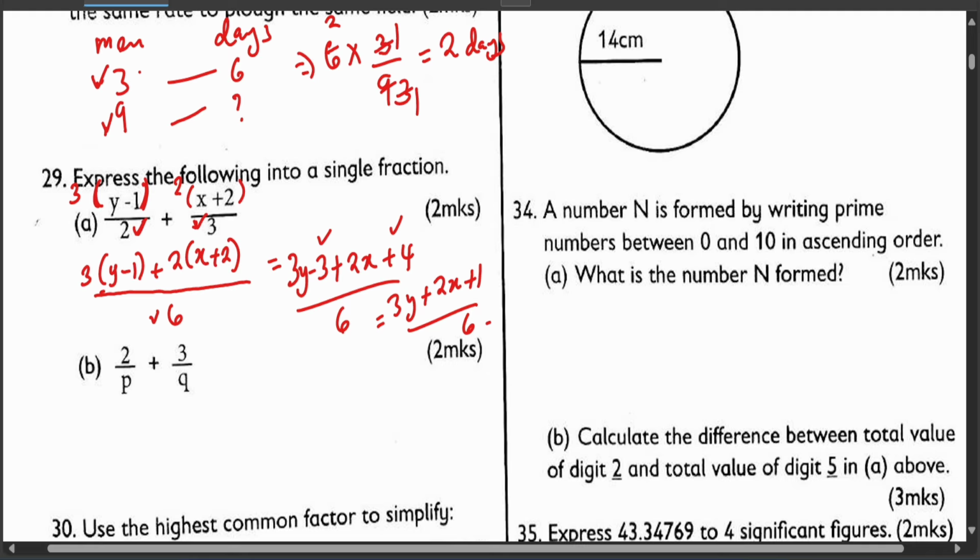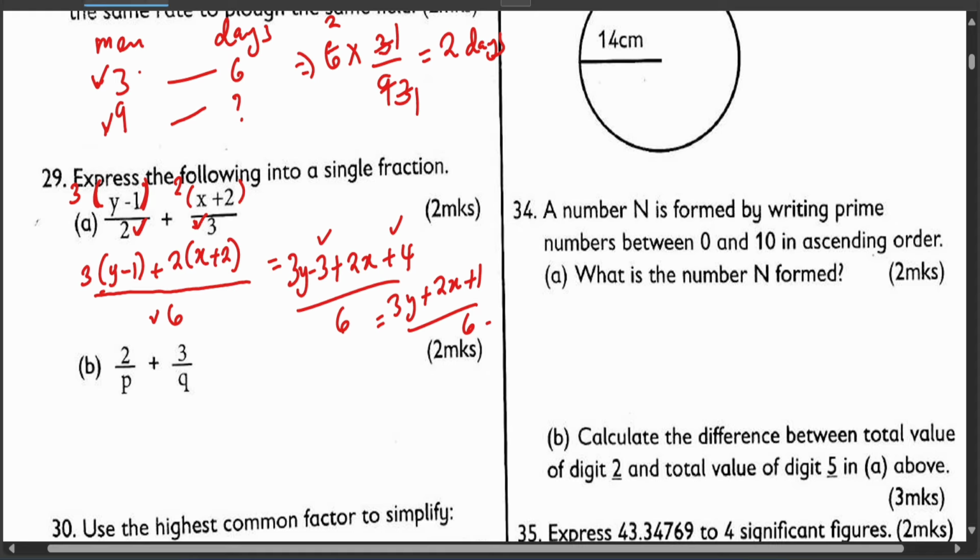So the other question is p over q plus 3 over q, 2 over p plus 3 over q. The LCM of p and q is pq. So if you have different letters, usually the LCM is just the product of those two. Even if you find the LCM using this method, divide by p it gives q, then divide by q it gives p, so it will be p times q which is pq.